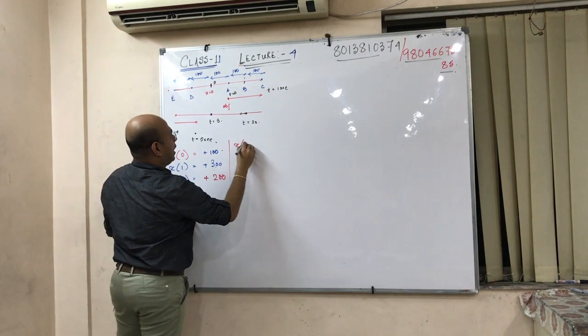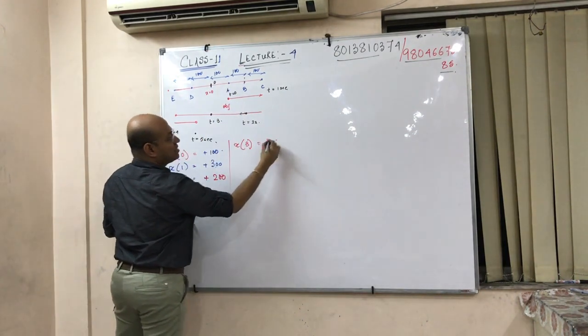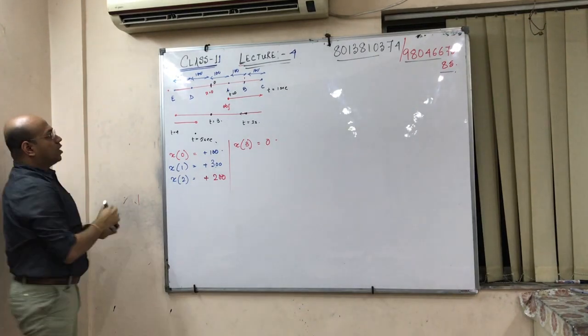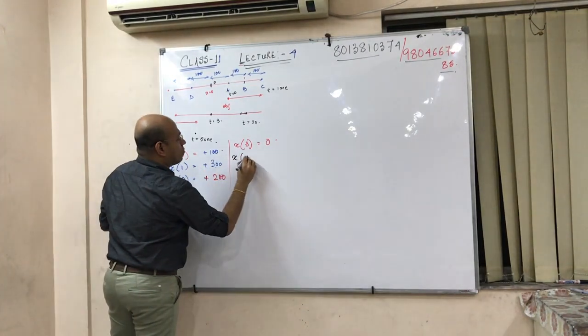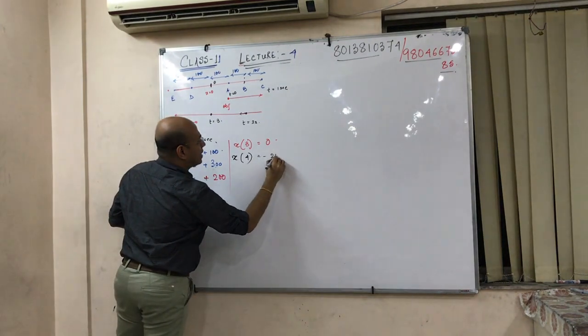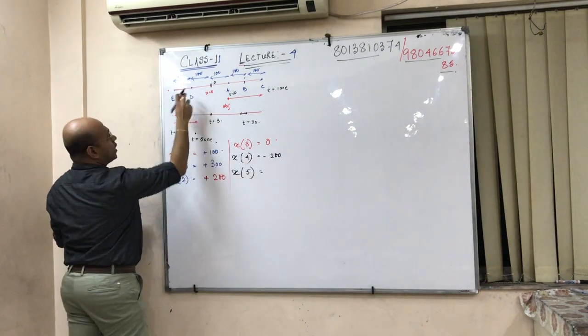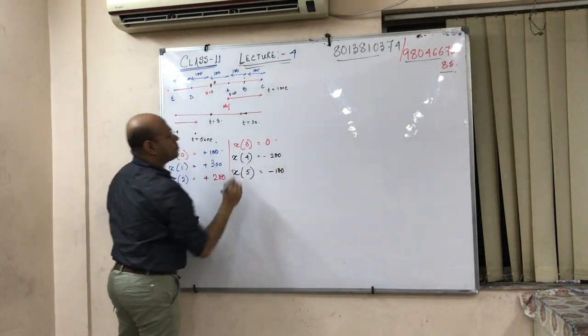The position at time equals to 3 is over here only, so it is 0. x at time equals to 4 is over here, minus 200. At 5, it is over here, minus 100.